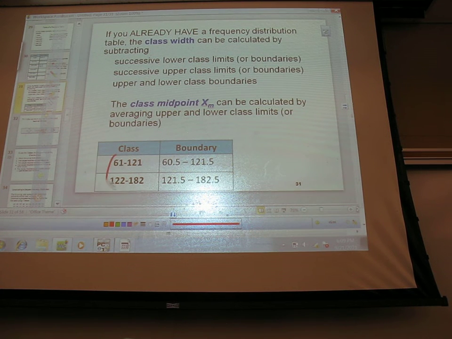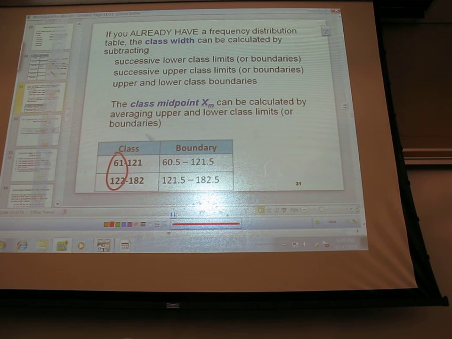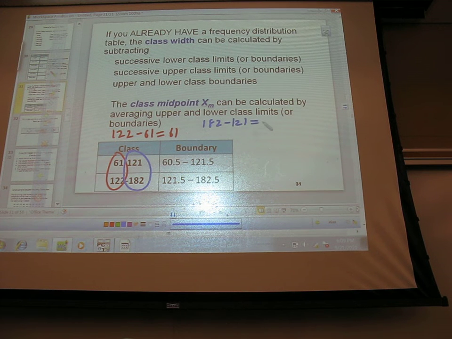So here are my lower class limits, right? 122 minus 61 is 61. I'll take the upper limits: 182 minus 121, I also get 61. Well, what about the boundaries? I take the lower boundaries: 121.5 minus 60.5.